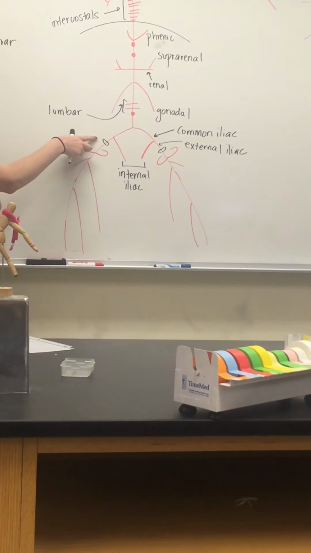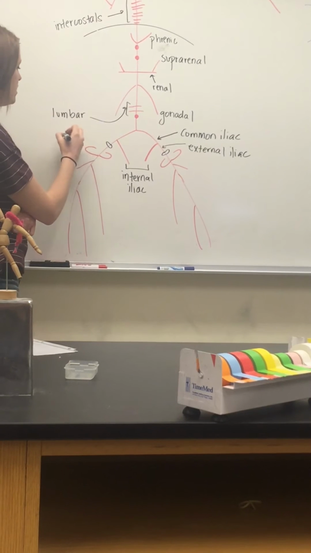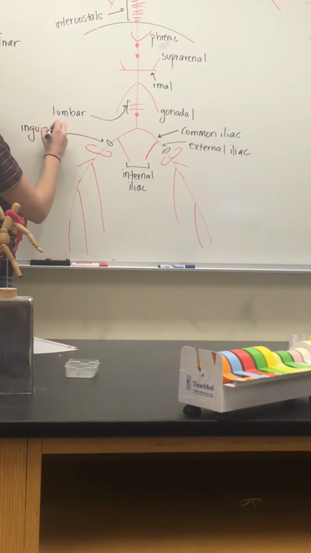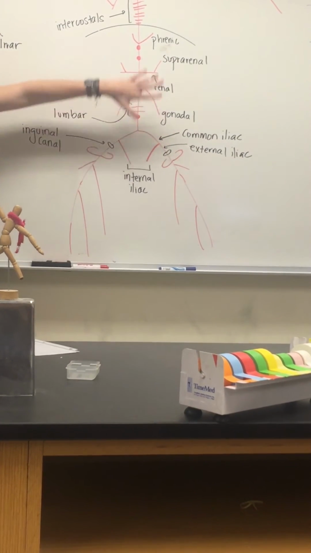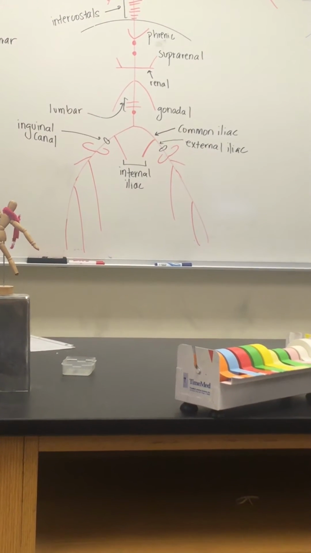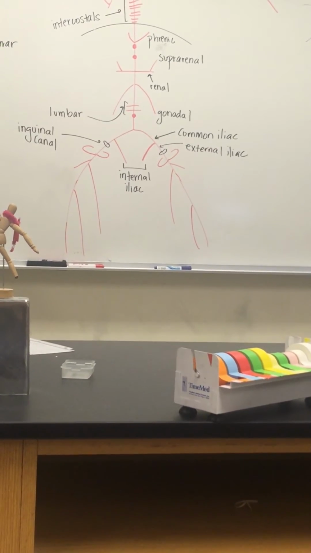Okay. Then what I've drawn here, these little round circles, this is the inguinal canal. All of this, the abdominal aorta, is inside of the body cavity, right? But your legs are outside of your abdominal cavity.